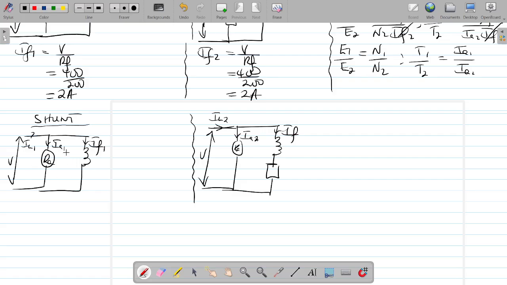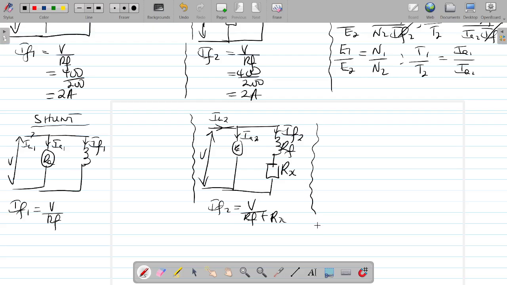In this case, when you look for your IF1 for this circuit, you're saying IF1 equals the terminal voltage over the field resistance you have. In here, I still have Rx. So my IF2 is going to be V over my total resistance here, which you just add. So it's just going to be Rf plus Rx.